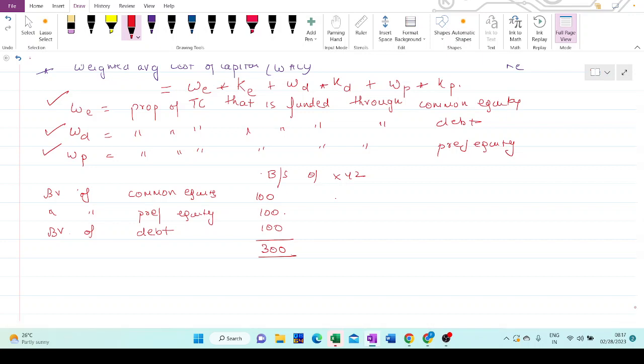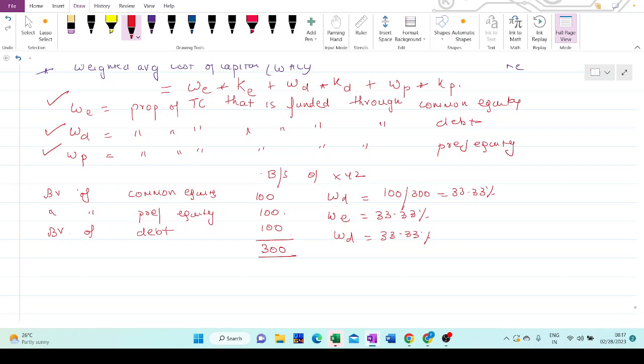So guys, we'll calculate the weight of debt, which is how much? 100 by 300. That is 33.33. Weight of common equity is also 33.33. Weight of preferred equity is also 33.33. Right.